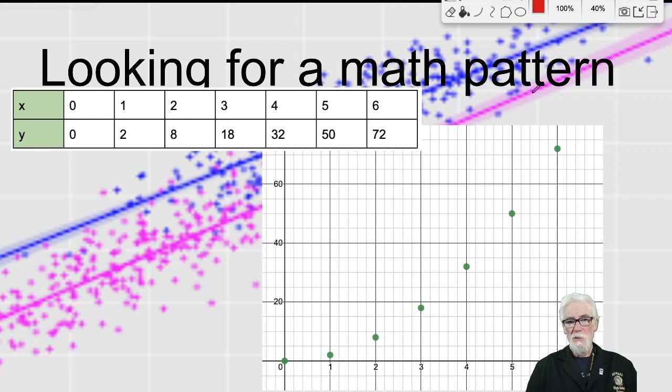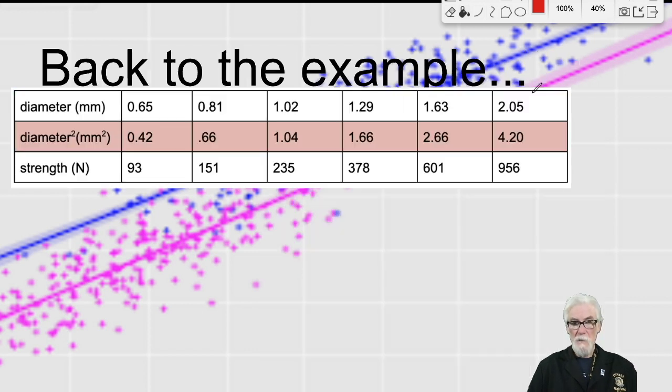So we get this shape no matter if we just are squaring the X values or if we're squaring them and then doing something else with it, like adding a number to it or multiplying it by a number. We still get that same shape. And once again, if we squared the horizontal axis values, squared the X's, we would find a straight line pattern.